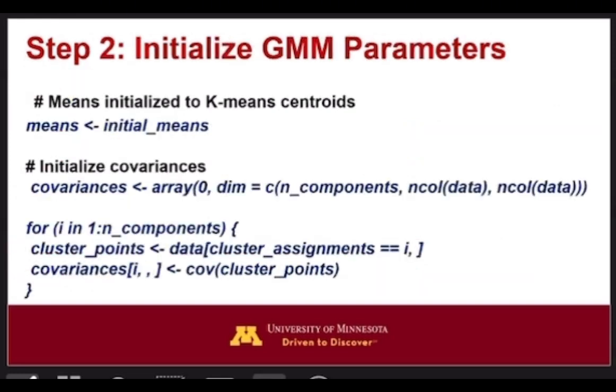And after that, step 2, initialize the GMM parameters. How are you going to initialize the GMM parameters? You need to initialize the mean and the covariance. If I want to initialize the mean, I'm going to use the value I got from k-means. Then how do I initialize covariance?